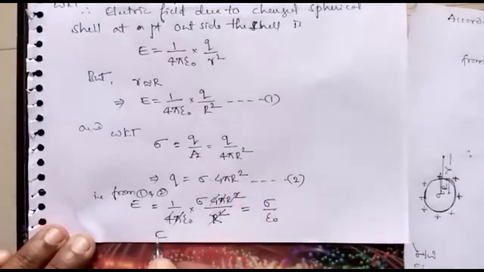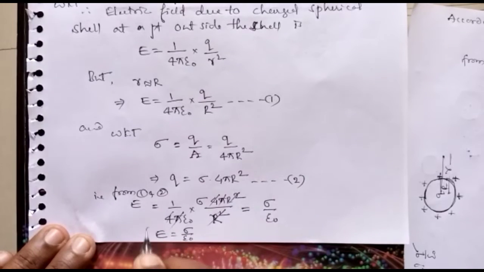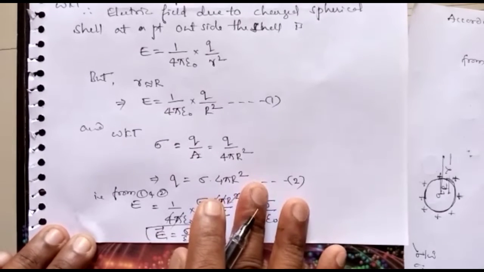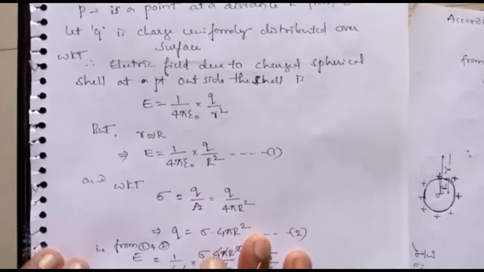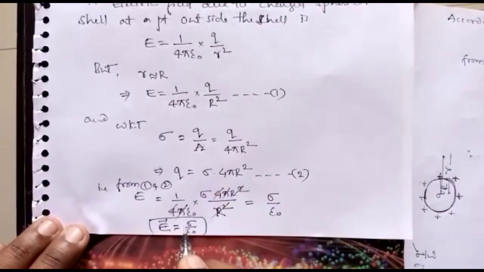The final expression for electric field is E equals sigma divided by epsilon naught. This is the expression of electric field at a point just outside the spherical shell.